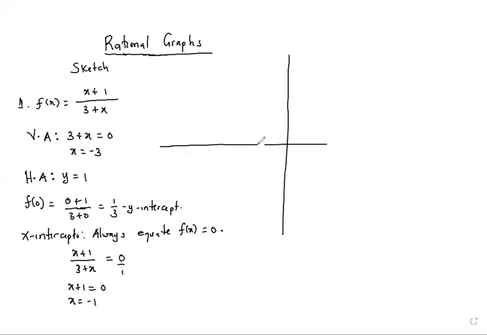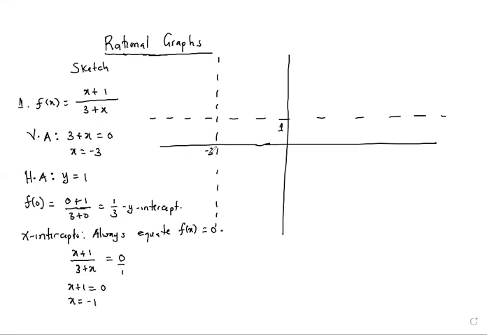I can graph. So first, x is equal to minus 3 is the vertical asymptote. y is equal to 1 is the horizontal asymptote. Then I need to graph on the left and on the right of the vertical asymptote, up and below the horizontal asymptote.